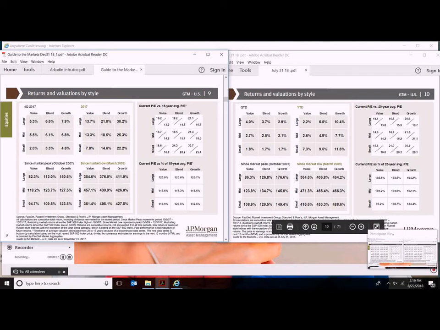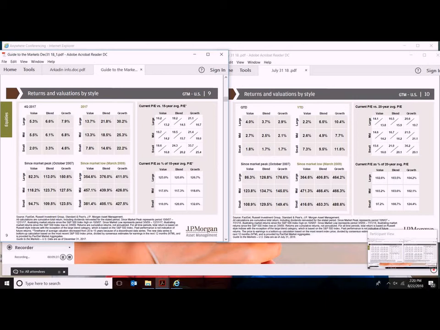But again, going back to the point that here on the U.S. side, between the large, mid, and small stocks, it looks like small value is really the only one left that's coming in below its 20-year average. It's coming in below its 20-year average at 97.2. So this category, small value, looks attractive from a valuation standpoint, just a simple valuation.